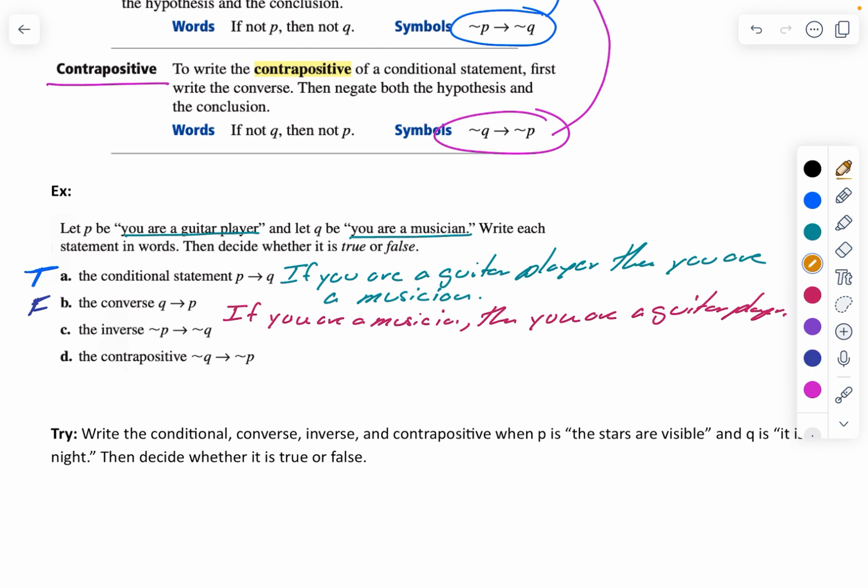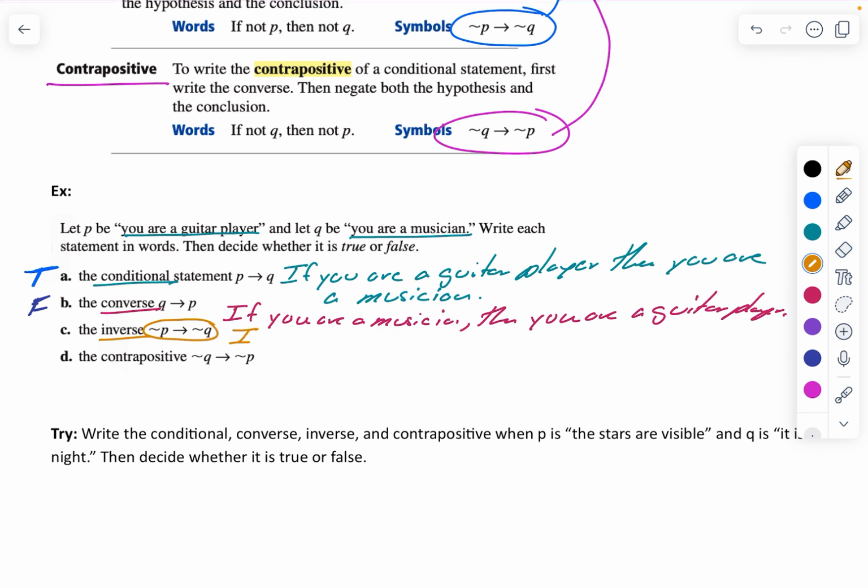Now, the inverse. We can see the converse is in red, the conditional's in teal. Okay, so the inverse would be, remember, not P implies not Q. They kind of tell us here, but I'm not going to give you that on a test.